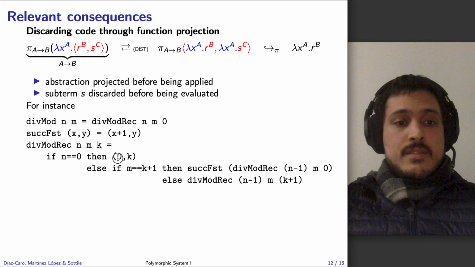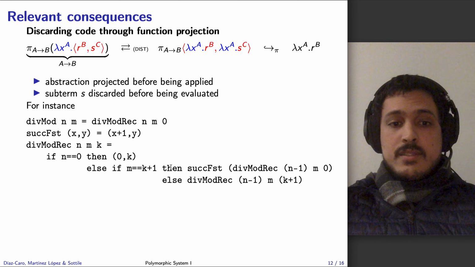So this gives a pair as a result, right?